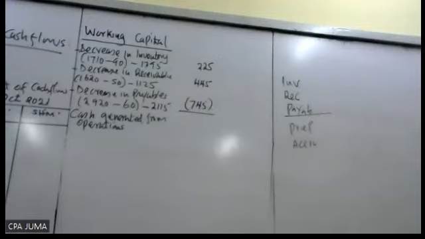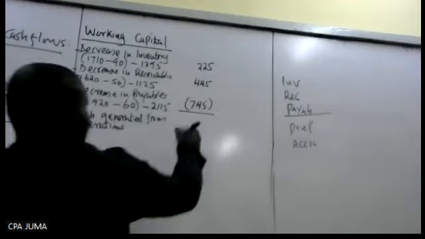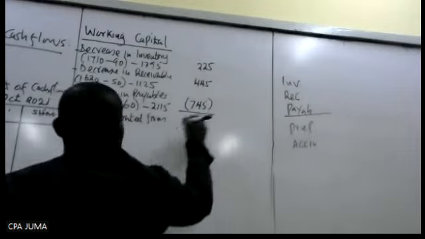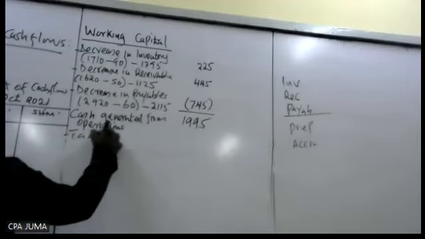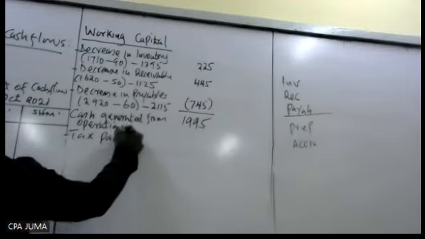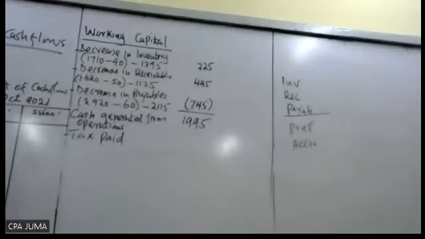So can you adjust and give me the answer? 1995. You wind up by saying tax paid. Now you can pay tax. Tax paid. So tax paid, let's do a working for taxation.